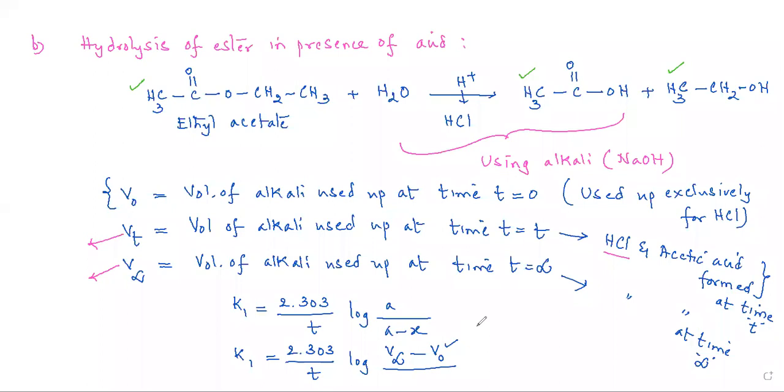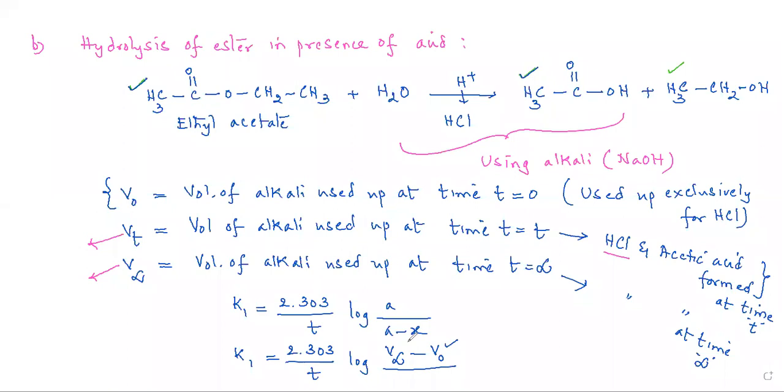That has to be, of course, subtracted, because we want information about ethyl acetate or the ester, which on hydrolysis has actually given acetic acid. So we need to consider information pertaining to this acetic acid only, not pertaining to HCl. So that is what I am subtracting now. Hope you got my point.